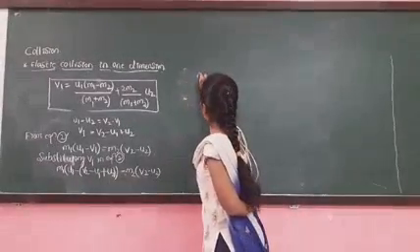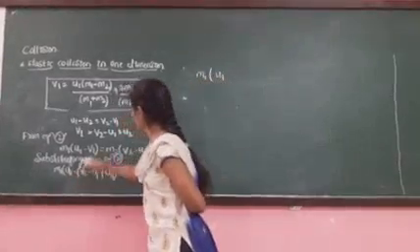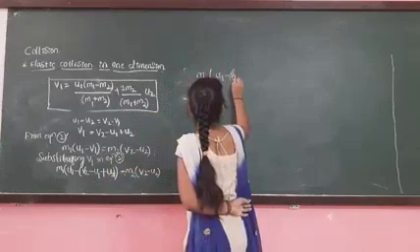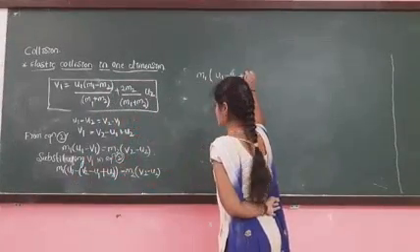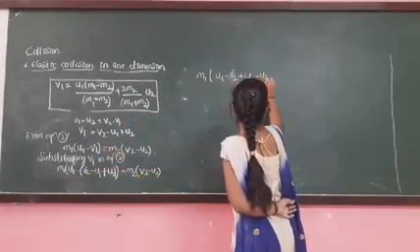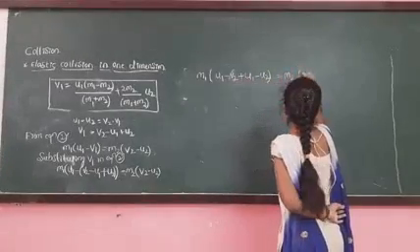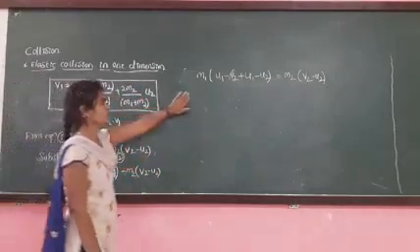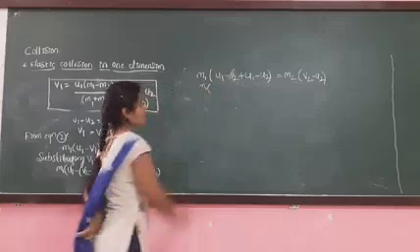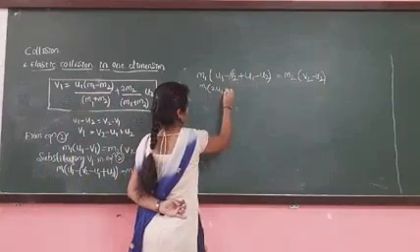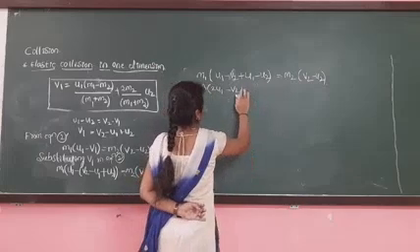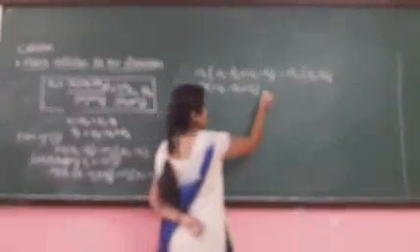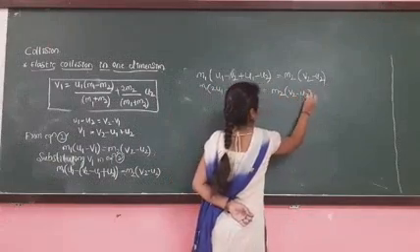So m1 (u1 minus (v2 minus u1 plus u2)) equals m2 (v2 minus u2).